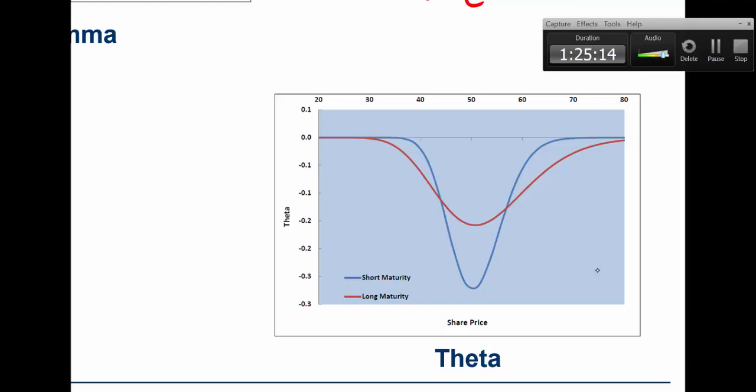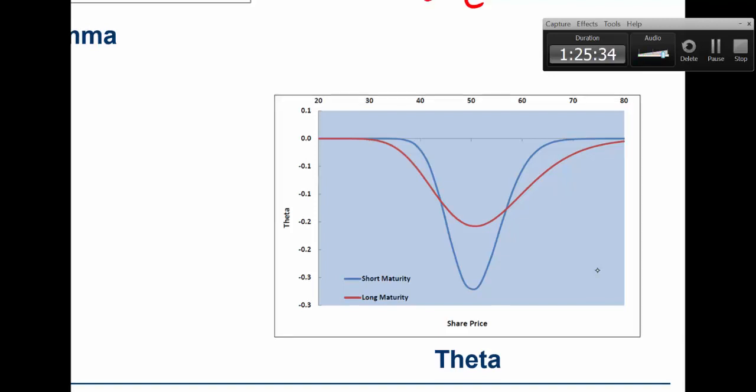Which one will lose its value faster, do you think? The long maturity or the short maturity option? The short maturity option, okay?